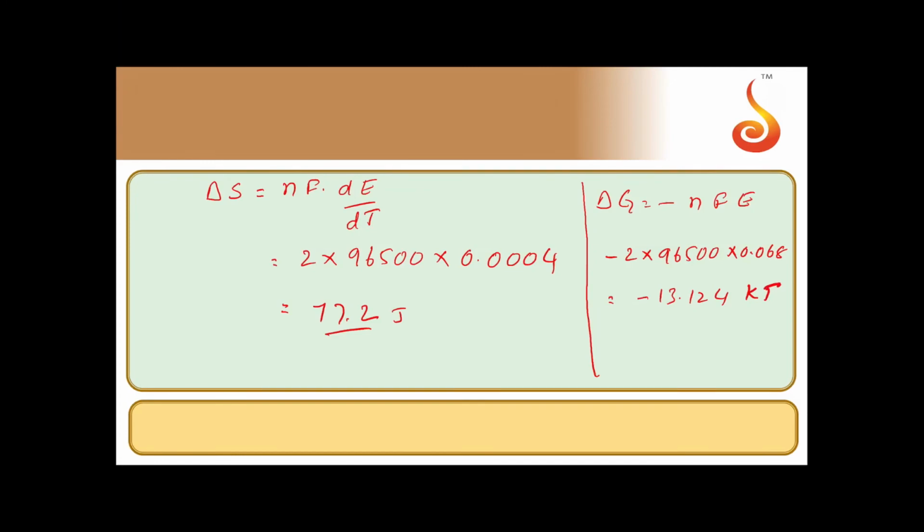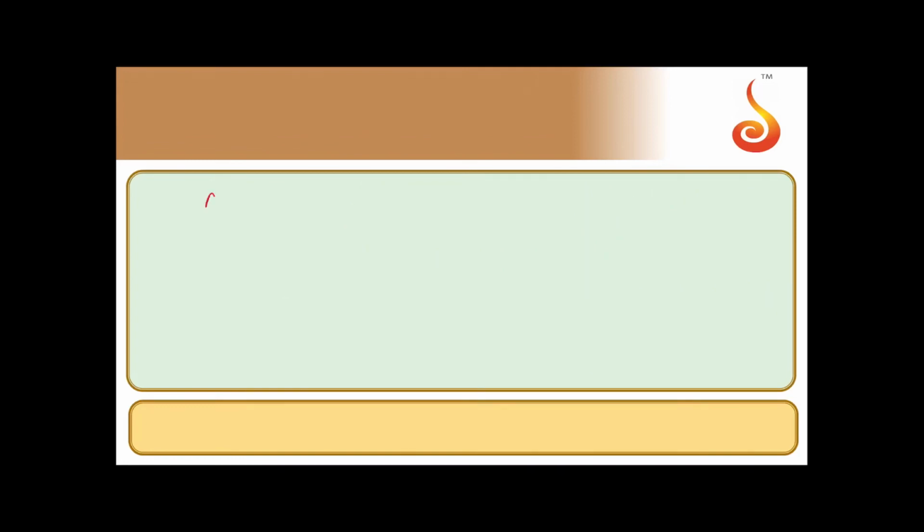So we know the value of delta G, and we know the value of delta S now. So directly applying the formula you can find out delta H. We know that delta G is equal to delta H minus T delta S. This formula can be applied because complete data is known to us.